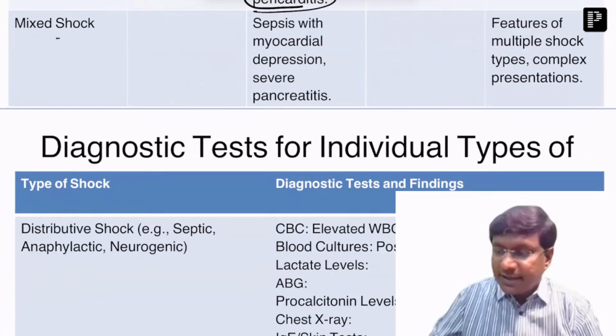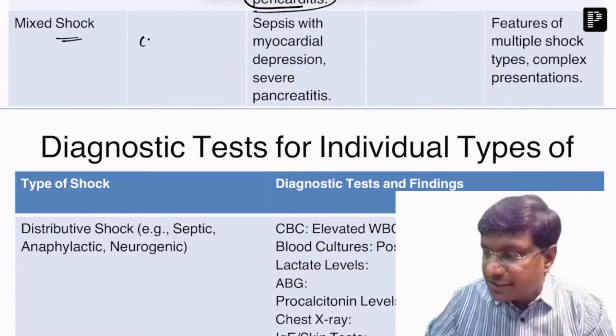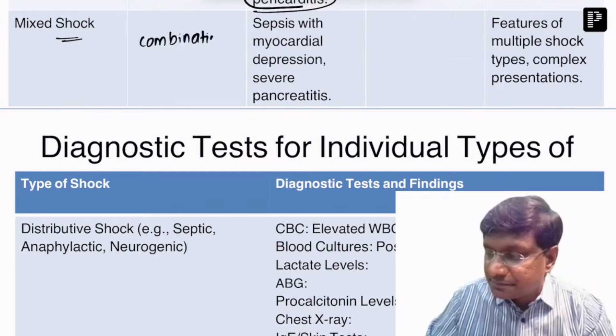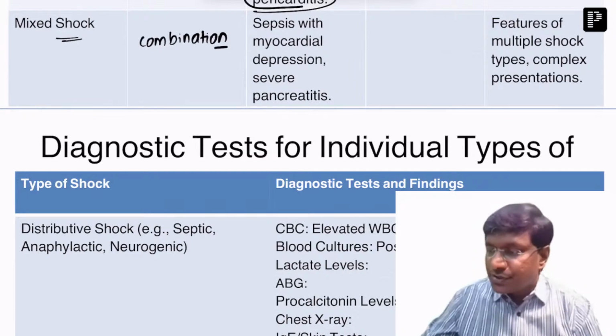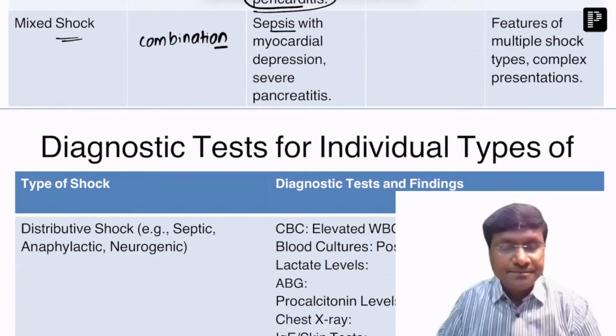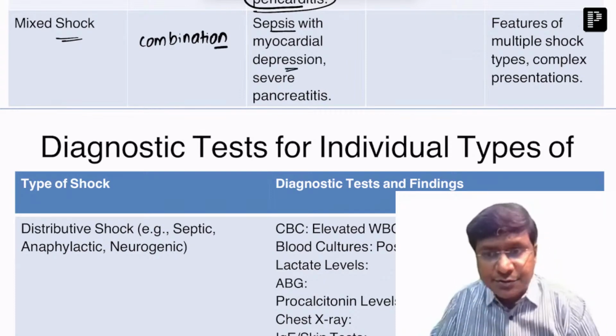Then finally, coming to mixed shock. Mixed shock is always a combination of multiple shock types. So here you will have sepsis, and sepsis causing myocardial depression, which will be like cardiogenic shock.